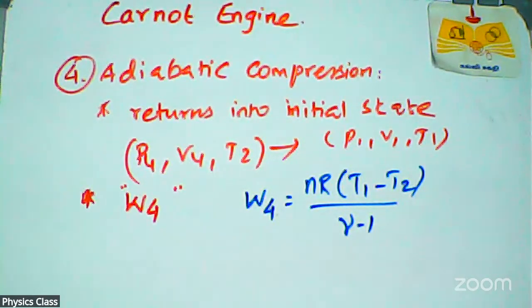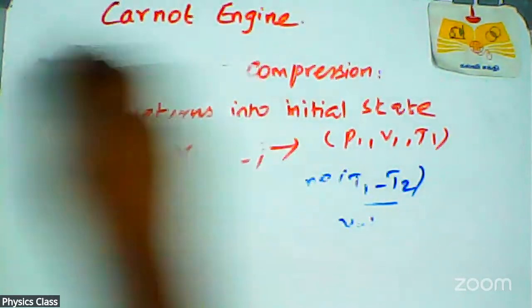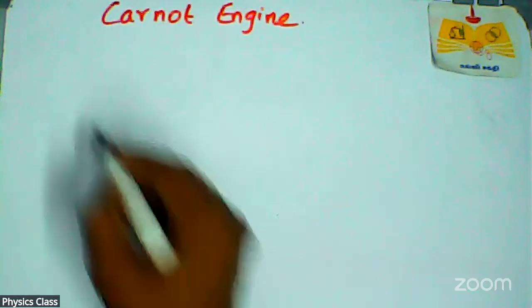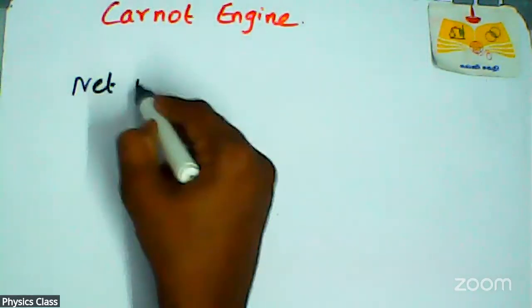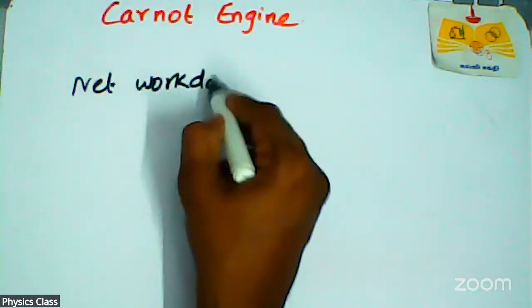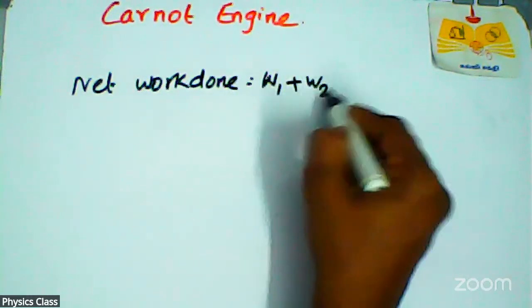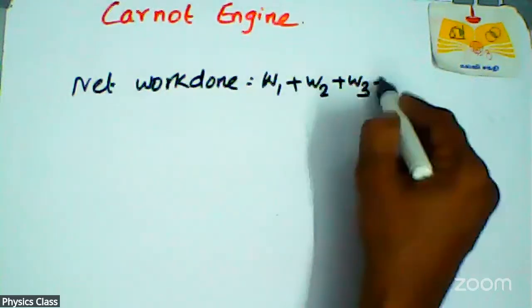Now we can write the net work done. Net work done means we have to add the work done in all four stages, for the first, second, third and fourth stage.